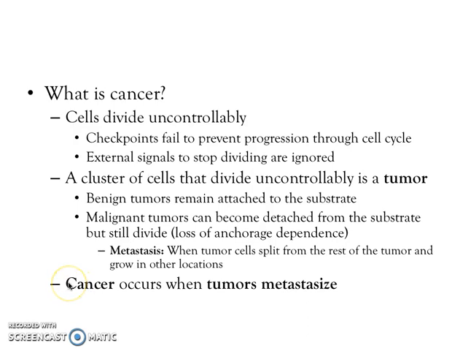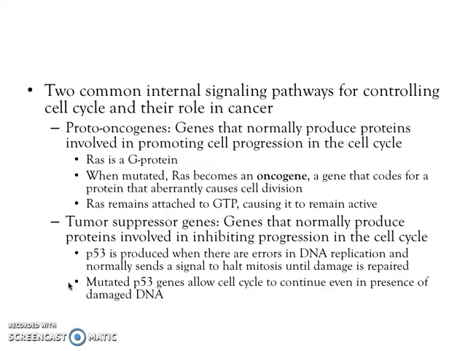And so, you know, that sucks. And that is our definition of cancer. It's when you have a tumor, that uncontrolled cell division, and it has metastasized. It has broken away from the rest of the tumor area.